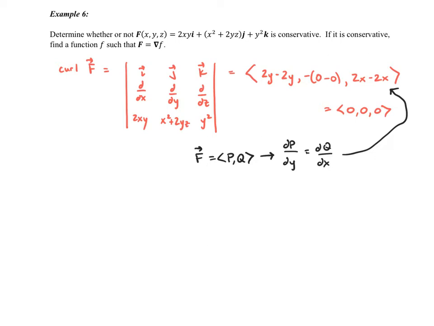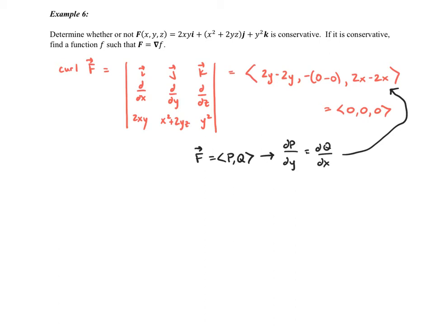We can't just test dp dy, dq dx in example 6, because we have too many variables to do that with. But if we were down to just variables of x and y, then we'd basically be doing the curl of a vector of x and y. So anyway, if that's helpful at all, we're doing what we did in 13.3, just on a larger scale. Because this vector curl of f is equal to 0, 0, 0, then the vector f is conservative.